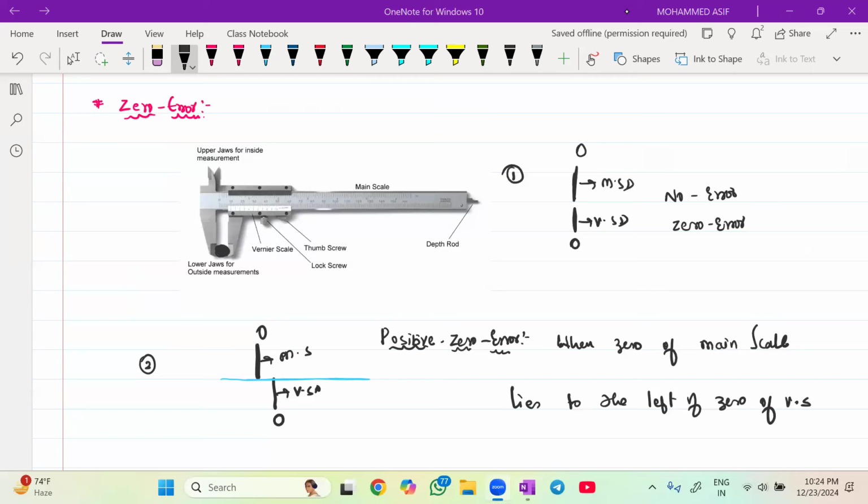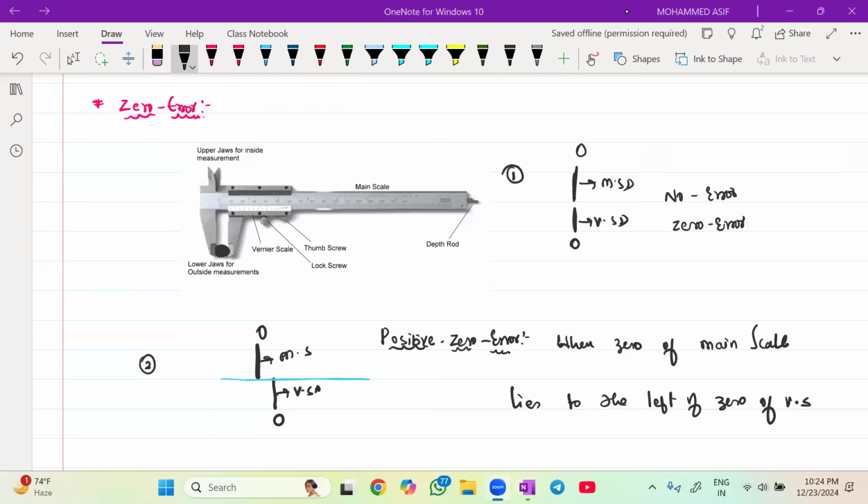That means if I write here, zero error is equal to, can anyone tell me, reading of this one will be equal to how much? Main scale reading plus Vernier scale reading multiplied by your least count. So this will be the zero error formula.